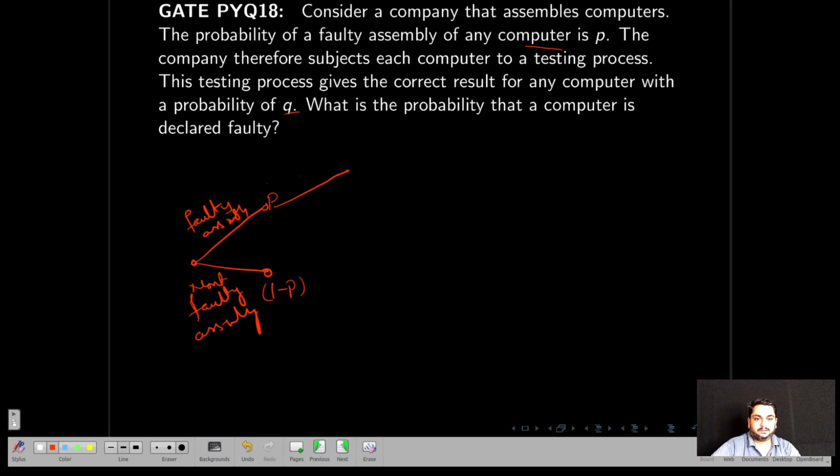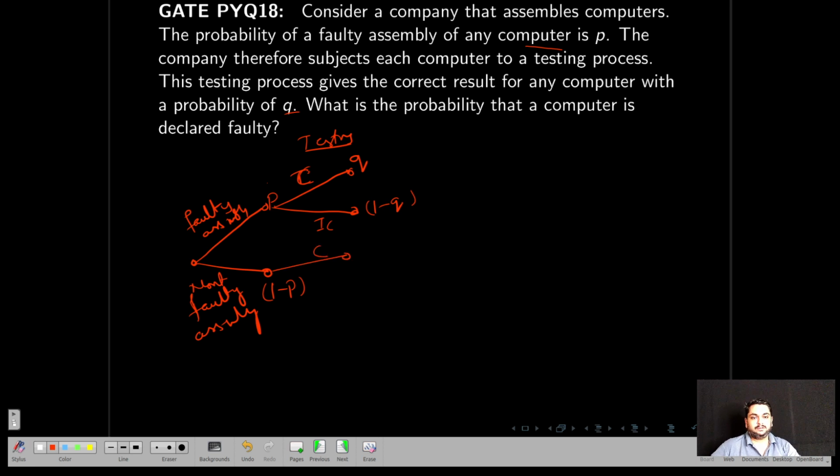Next, it is subjected to testing. Okay, so the next is testing. Here, correct testing. Okay, let us represent by C with the probability Q. The testing gives a correct result with the probability Q, or incorrect result with probability 1 minus Q. Okay.